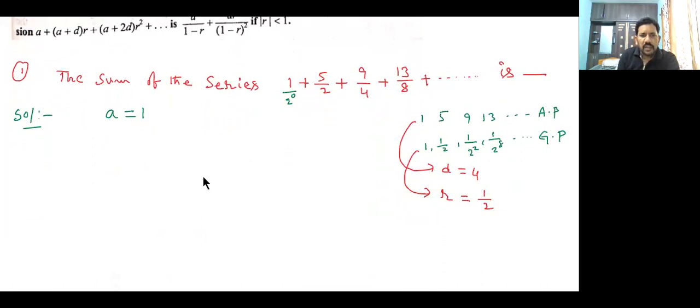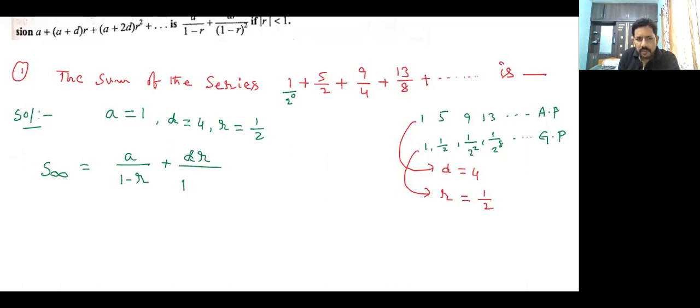So here a value is 1, d value is 4 and the common ratio is 1 by 2. Now we need to find sum of infinite series. What is the formula? a by 1 minus r plus dr divided by 1 minus r whole square. This is the formula. Those values substitute in that formula.